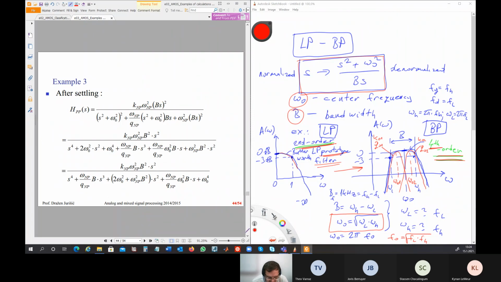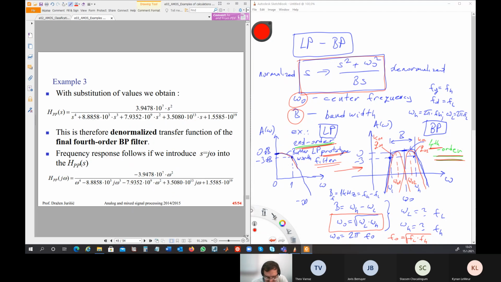And then you will have to calculate it, and you see that you obtain the fourth order transfer function. Here are the coefficients which multiply s to the 4, s to the 3, s to the 2, s to the 1, and s to the 0.